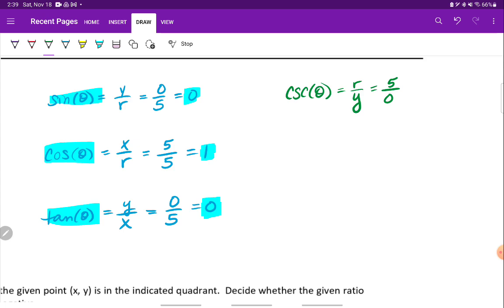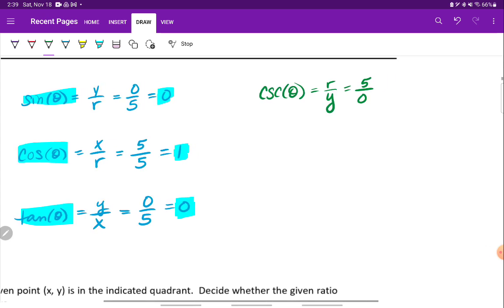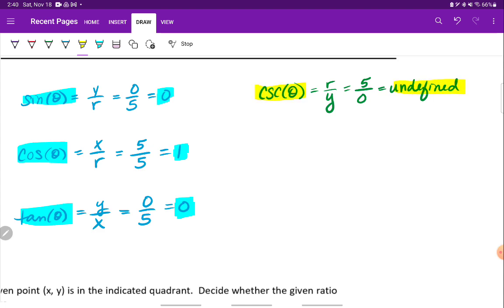And remember, a 0 in the denominator of a fraction is always an issue for us in math. That makes our fraction undefined. So for this ordered pair, cosecant is undefined.